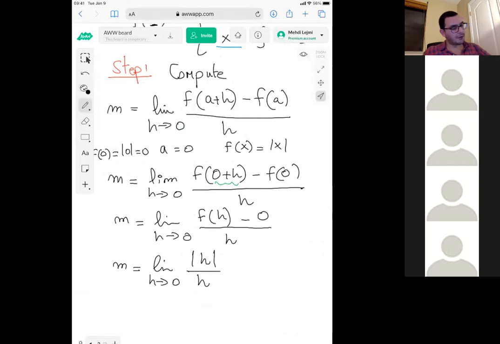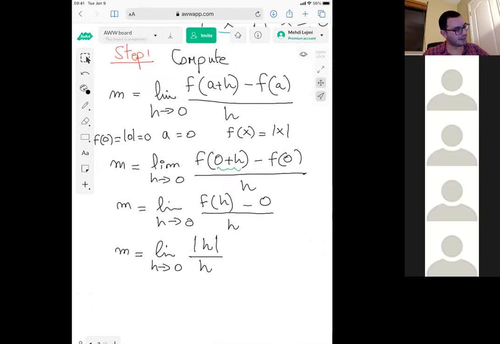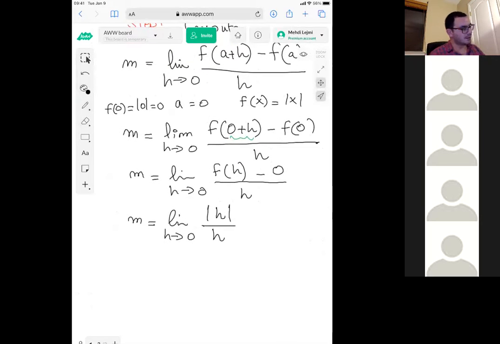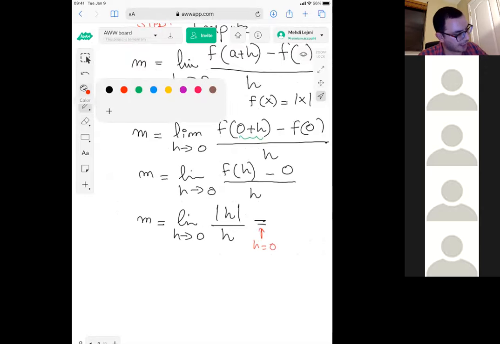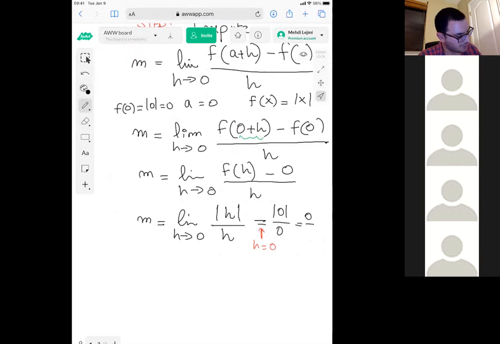All right, so now we need to compute this limit: the limit h going to 0 of the absolute value of h over h. Of course, if you just replace h by 0, you're going to have the absolute value of 0 over 0, which is 0 over 0, an indeterminate form.